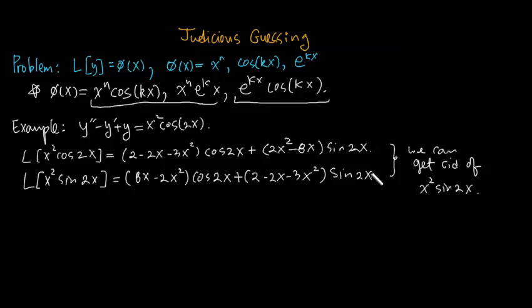With just constant multiples of these two expressions, you can get rid of only one term at a time. So you have to look at different things: how can we get x times sine 2x, or just sine 2x, so that we can get rid of all that. And then we have to think about how to get rid of x times cosine 2x and the constant times cosine 2x. A lot of things to get rid of.